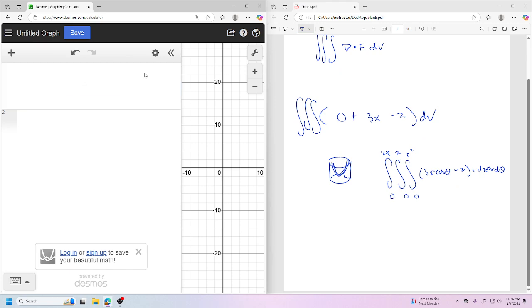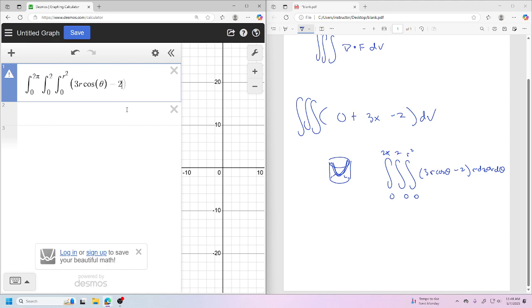Desmos, for sure. I really like divergence theorem the most because it's happy times where it's like home. I'm just finding a triple integral for my volume. Oh no, what's wrong?